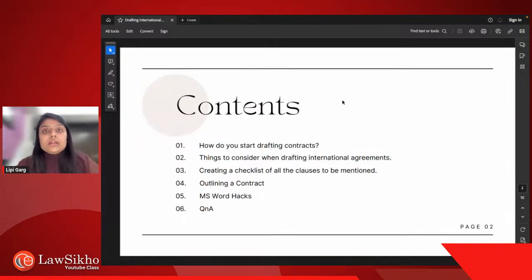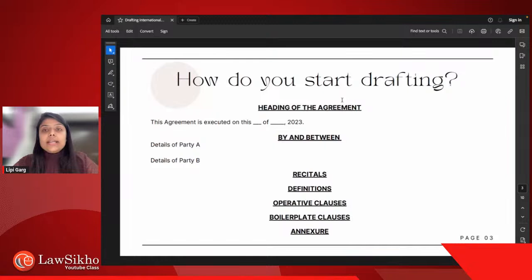So the first thing is, how do you start drafting? This is a very basic template that I always start with in my Word.